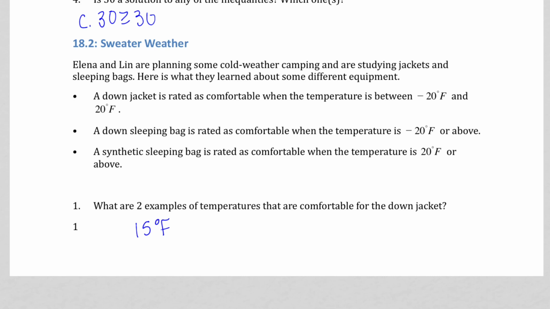Negative 15 degrees. Both of those work because they are between negative 20 degrees Fahrenheit. So that's going to be our minimum for X, or our degrees. And it's going to go up to 20 degrees Fahrenheit.